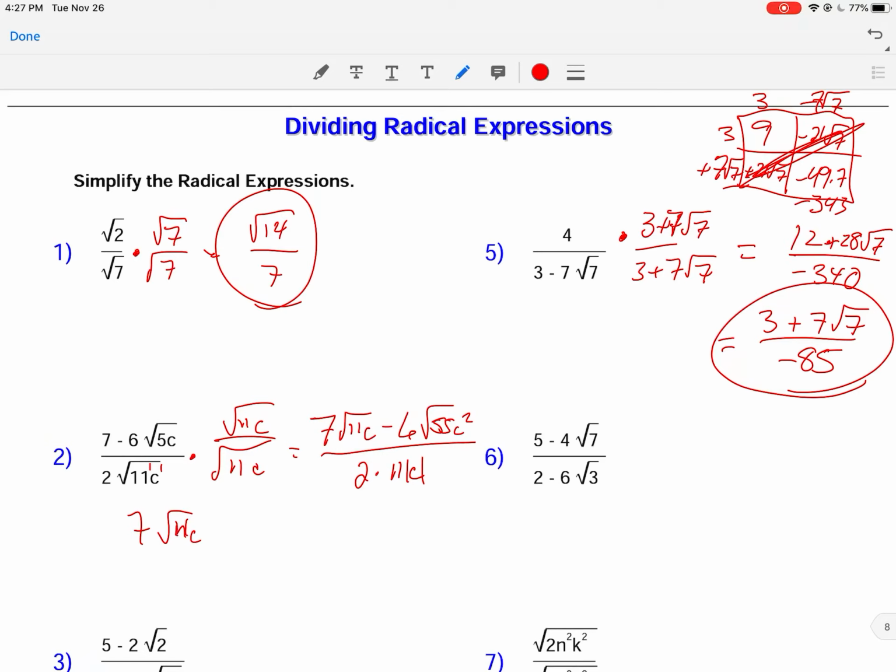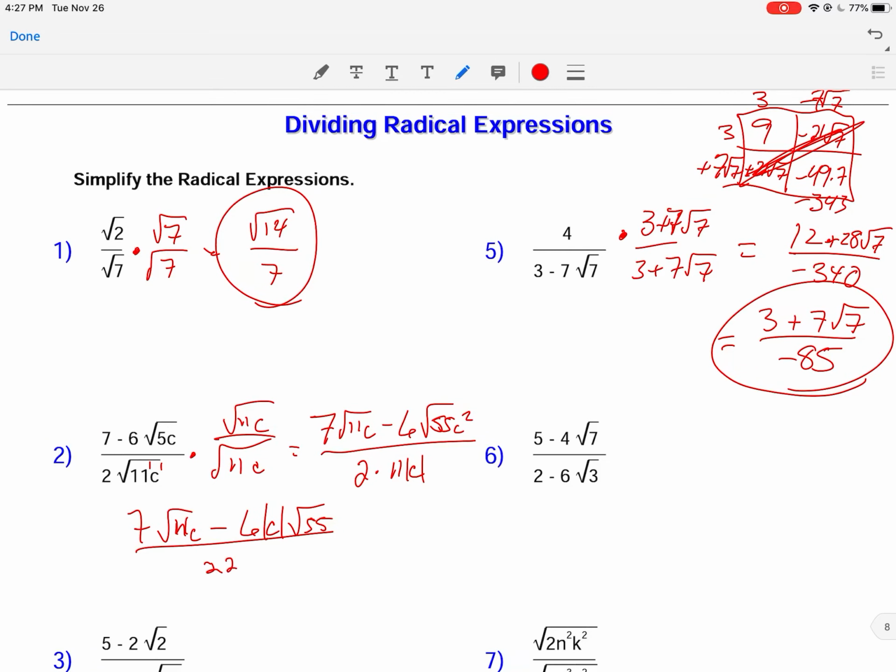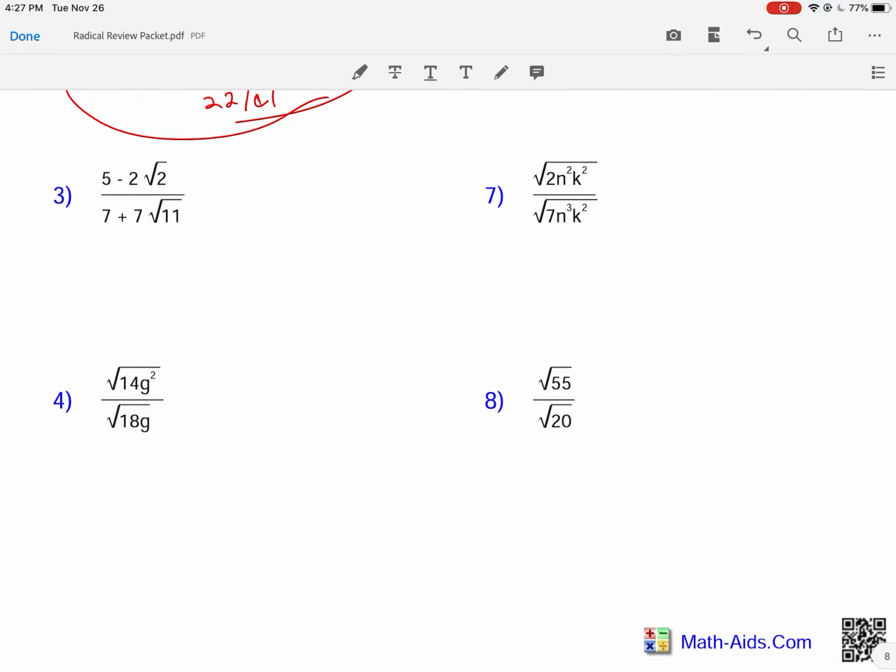So 7 square roots of 11c minus square root of 55 doesn't, but c comes out. 6c square root of 55 over 22c. Those go. No, they don't, because it's got to be in everybody. So it's going to stay just like that. Good times. Make sure that radical stays over there, and that's an 11, not in anything else. That's the product.